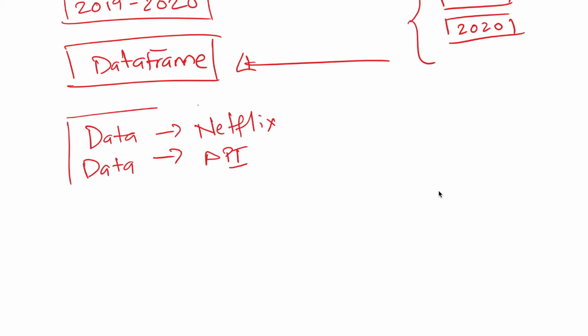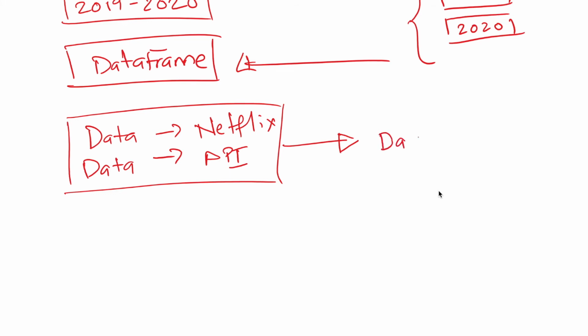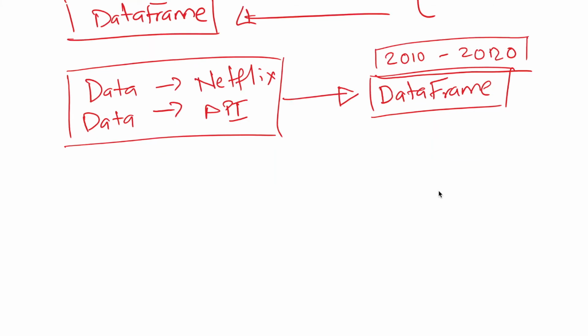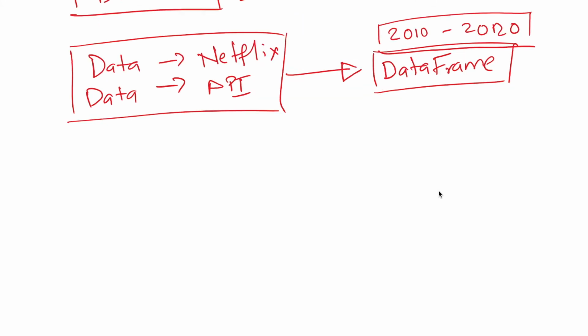You can compile both the data together and create a single data frame which has all the movies from 2010 to 2020. So in short, APIs are very powerful to get hold of more data in case you're missing out on some sort of data. Now, this was an example of an API.